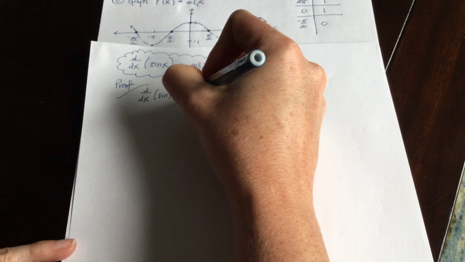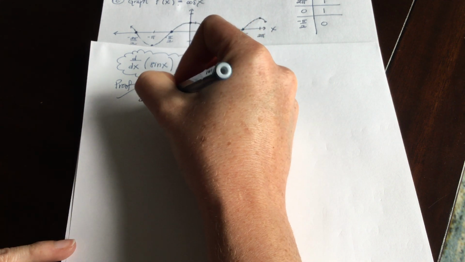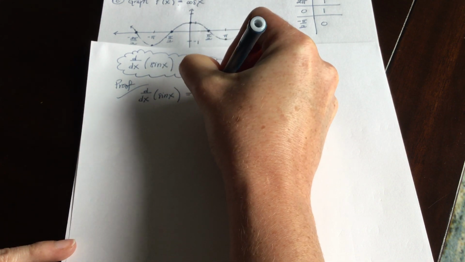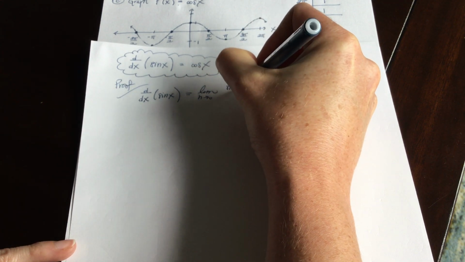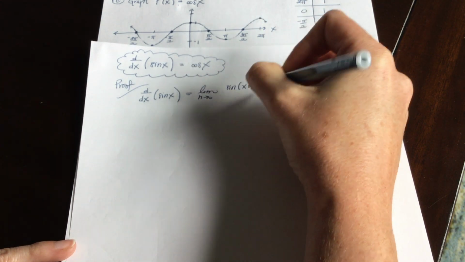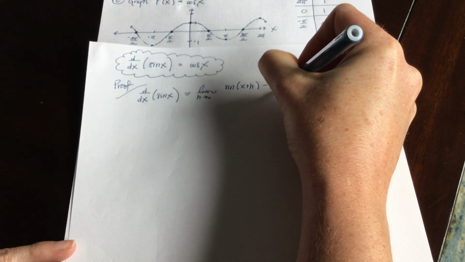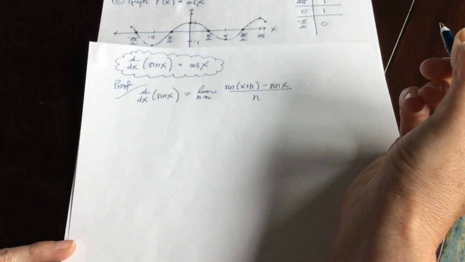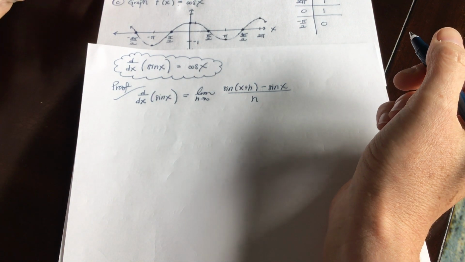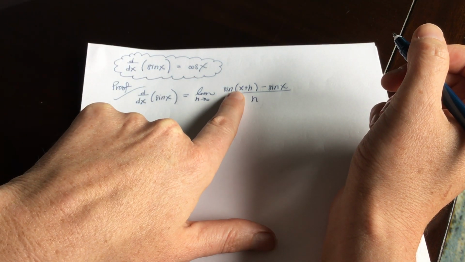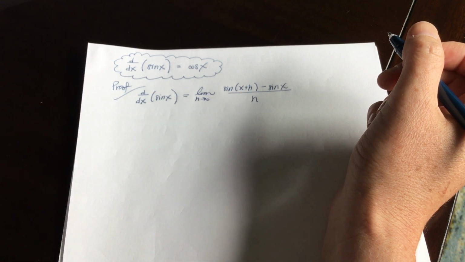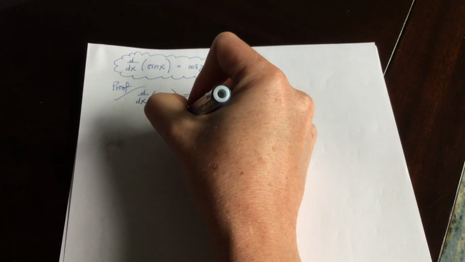So applying the definition of derivative, where f of x is sine of x, we would have the limit as h approaches 0 of sine of the quantity x plus h minus sine of x all over h.